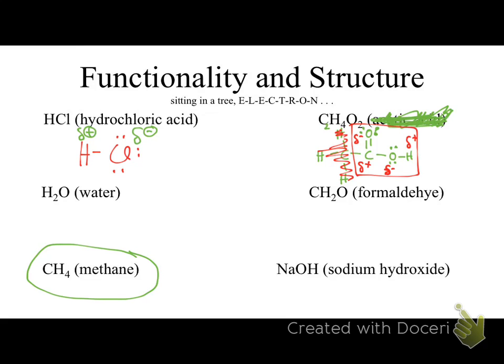Have we seen hydrogen being positive before, reacting in other cases? What did this molecule act as? An acid. What do you think this molecule might act as? An acid. What was the name again? Acetic acid.